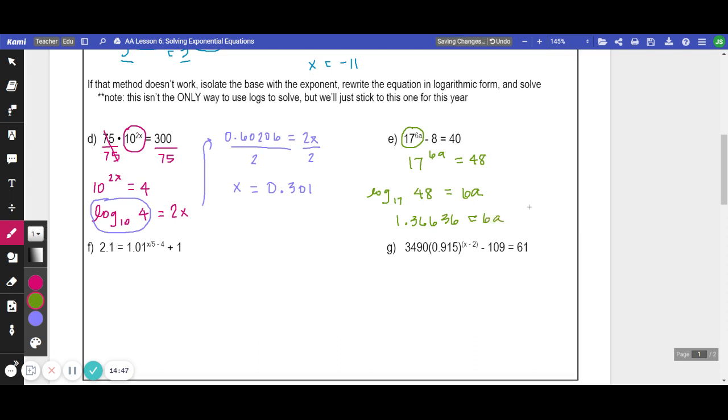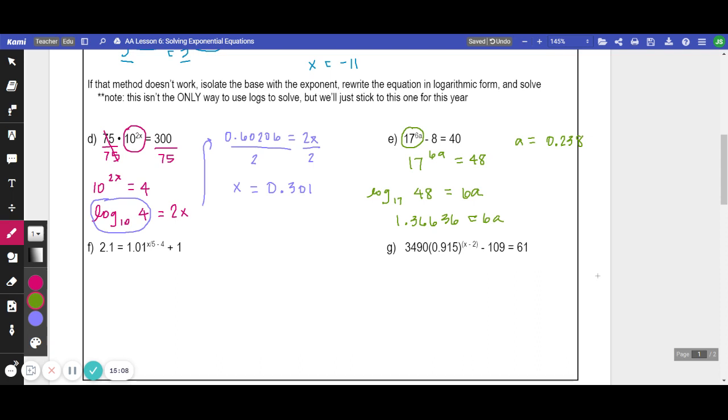And then the last step is to solve the algebraic equation. So we're going to divide both sides by 6 and a is equal to 0.238. For notes, I'm just going to round to the thousandth. For Delta, do what he tells you to.